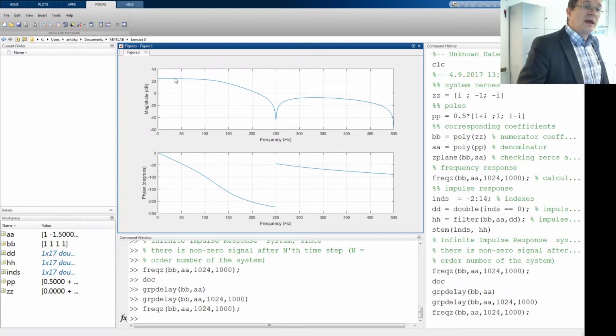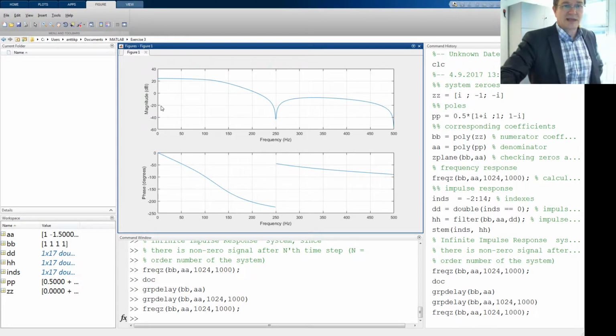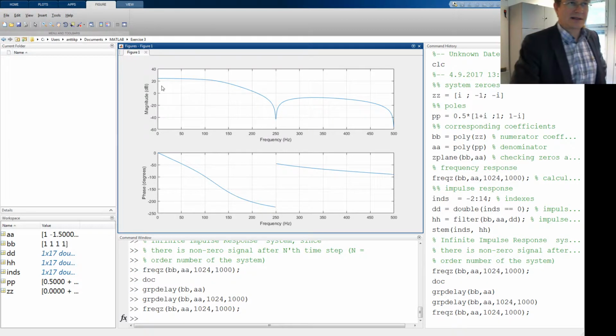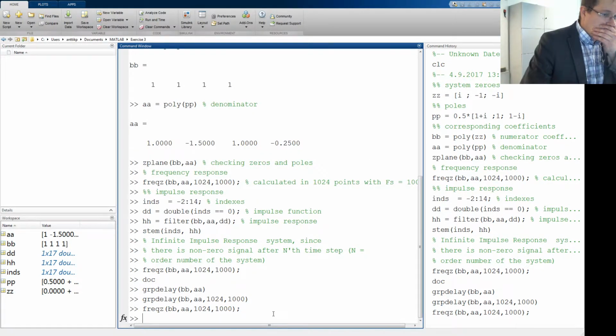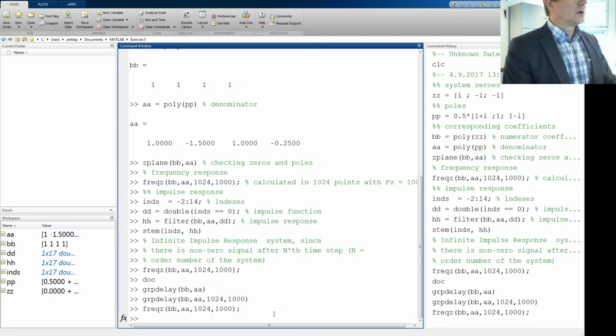Now I have 25 decibels of amplification on a signal. That's a lot. I want that to be 0 dB, so it does not disturb the signal that we want to pass the filter, but only attenuates the stop band signal. The easiest way to do this is by brute force.